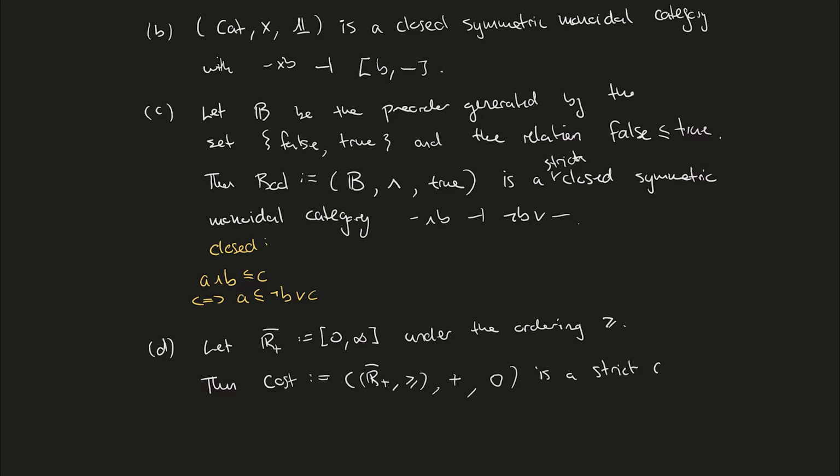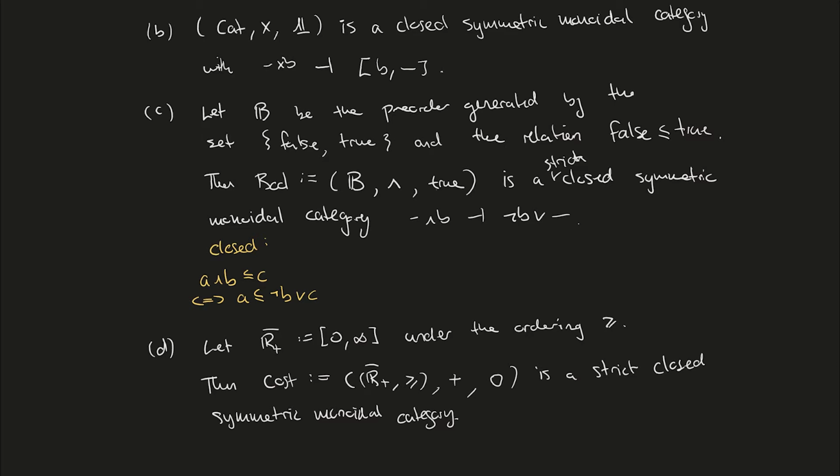strict, closed, symmetric monoidal category. The fact that this is a symmetric monoidal category follows from the fact that addition is associative and commutative, and that 0 is the unit with respect to addition.